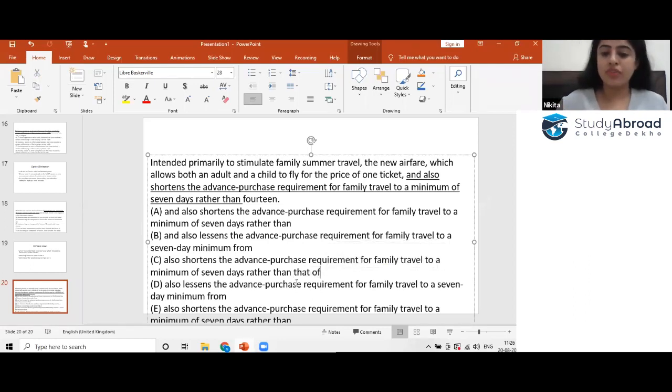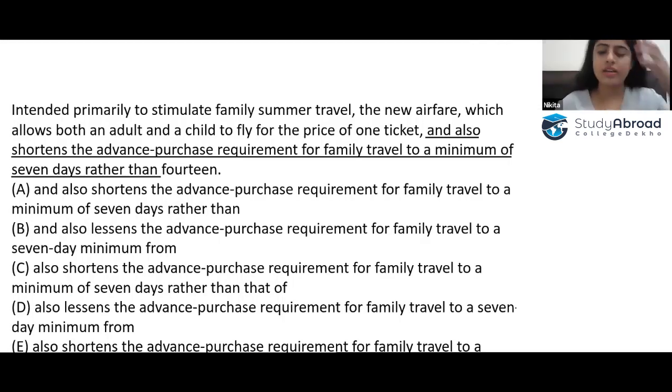Rather than that of 14 is not required. You are making the direct comparison with 7 days rather than 14. So that of is extra, and we are not going to unnecessarily add words, which brings us to the point that E is the correct answer. I hope you have understood. By now you have a good idea about how we are supposed to approach the questions of sentence correction on GMAT. Good luck for your preparation.